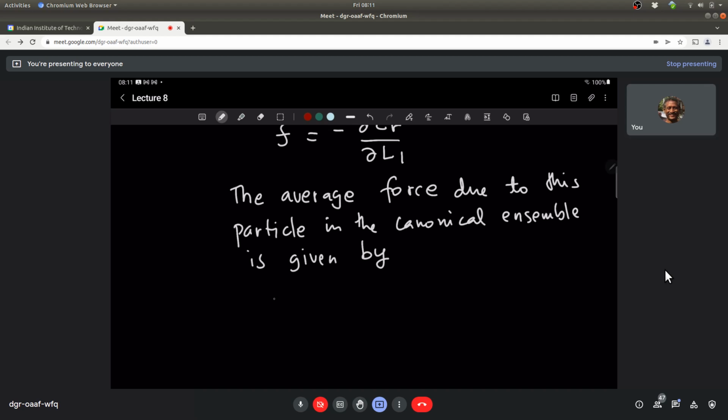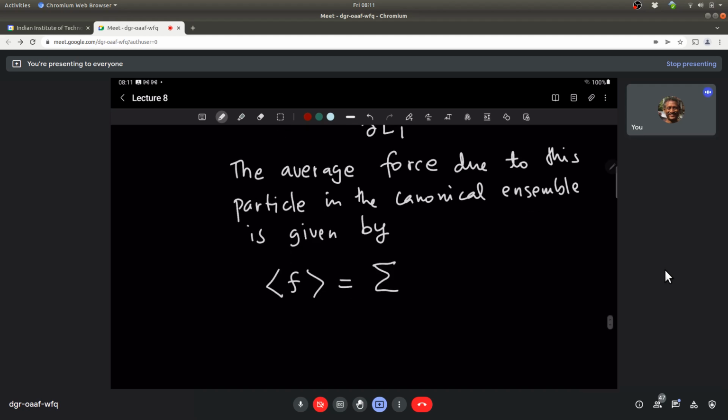So integral over all states times density of states times e to the power minus beta. I'll write it in a slightly different form. Sum over all states r of minus d epsilon_r by dL1 times e to the power minus beta epsilon_r.